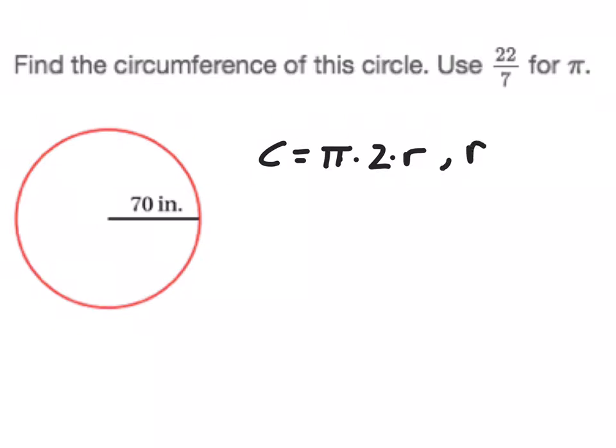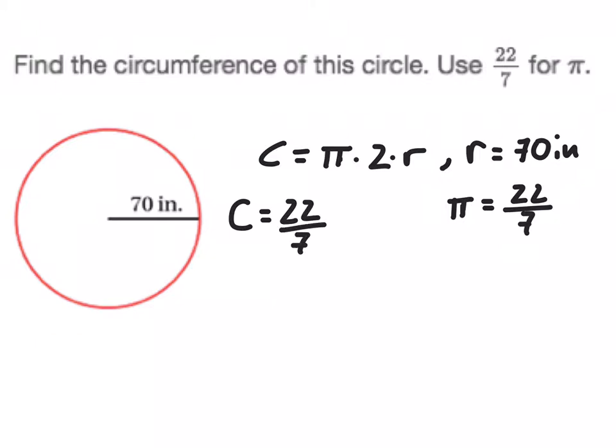My radius is equal to 70 inches, and for pi we're going to use the approximation of 22/7. If you divide 22 by 7, it's approximately 3.14, so it's a pretty good approximation for pi. Let's plug those numbers in. Our circumference is equal to, not pi, let's use 22/7.